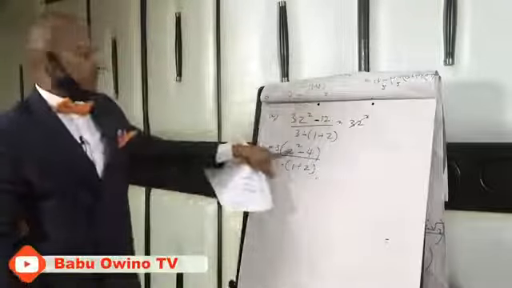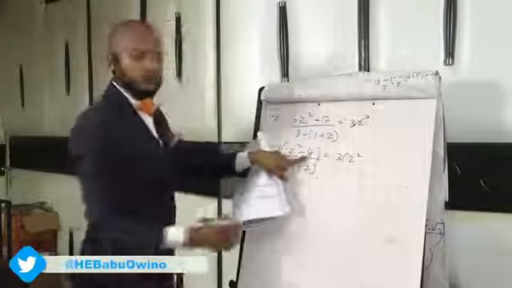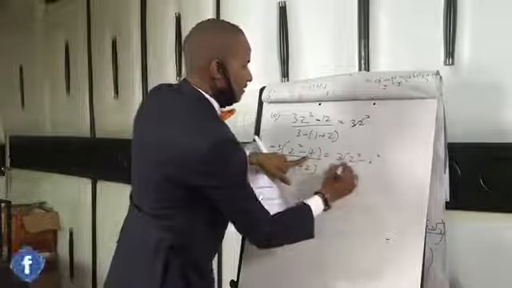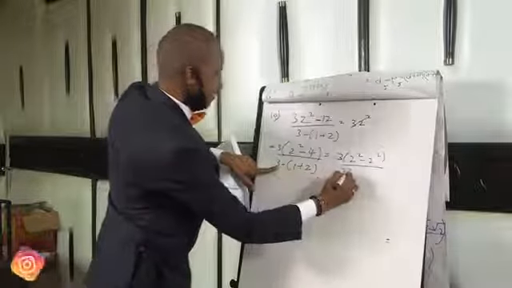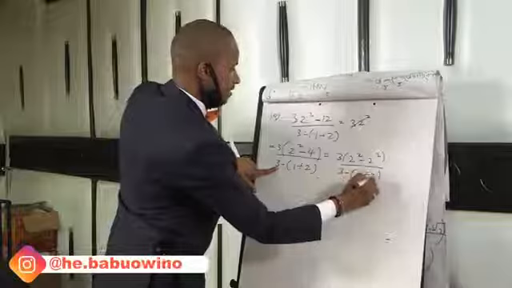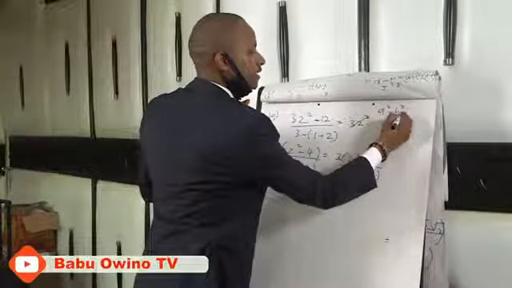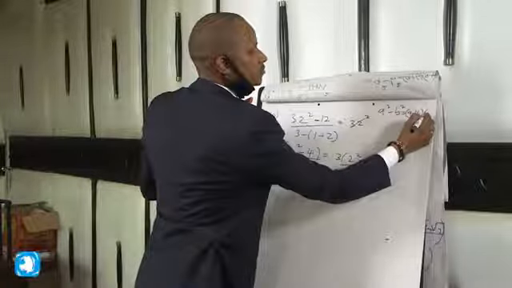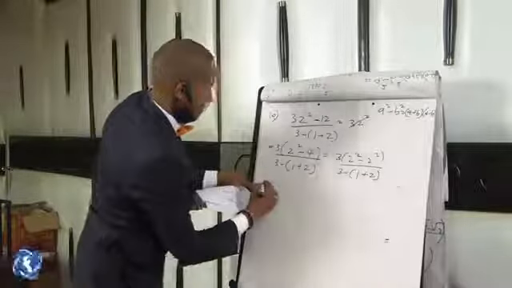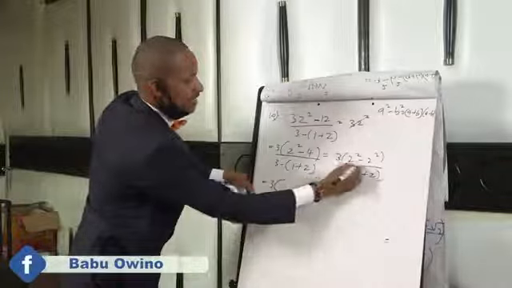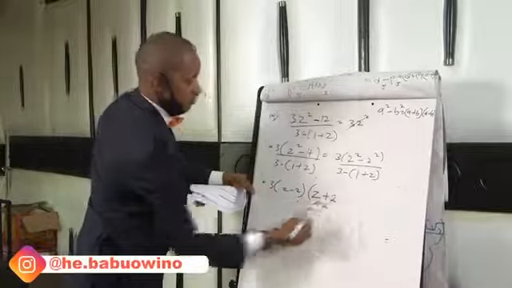So from here, we have 3 into z squared. Then minus 4 can be written as minus 2 squared. Divide by 3 minus 1 plus z. So this is the difference of 2 squares, and we say the difference of 2 squares, a squared minus b squared is equal to a plus b into a minus b. So you only replace this by saying 3 into z minus 2 into z plus 2.